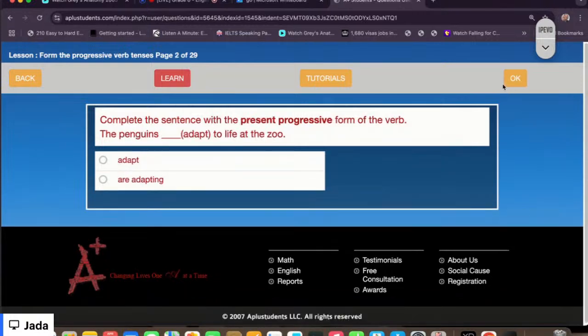All right, so the penguins adapt to life at the zoo. Adapting or adapt? What do you think?